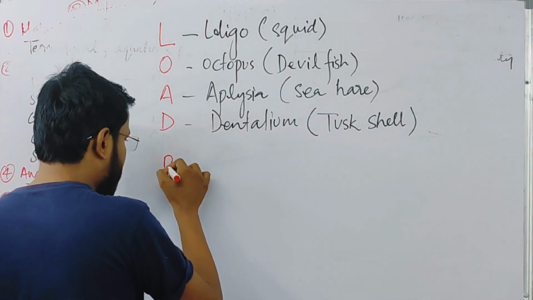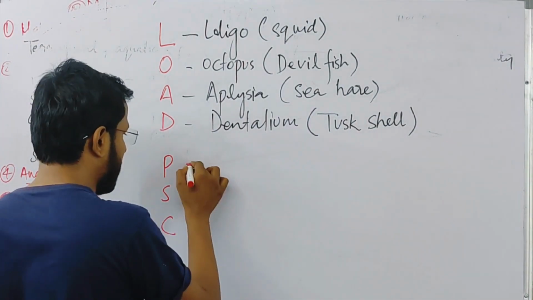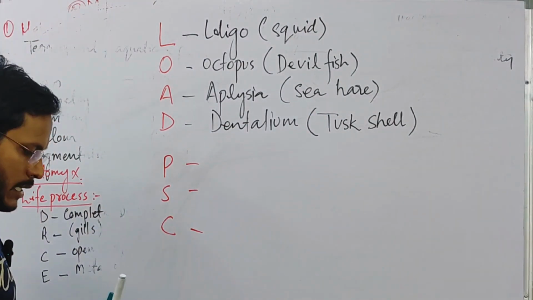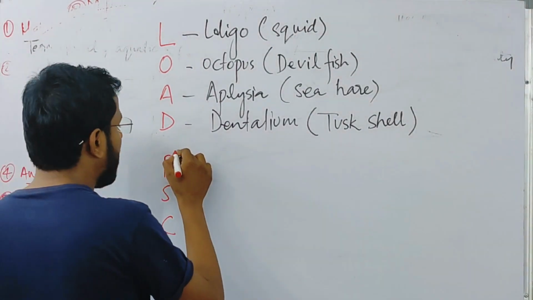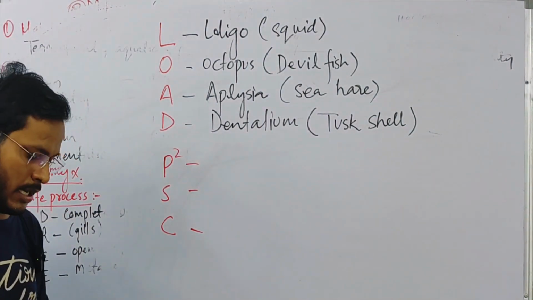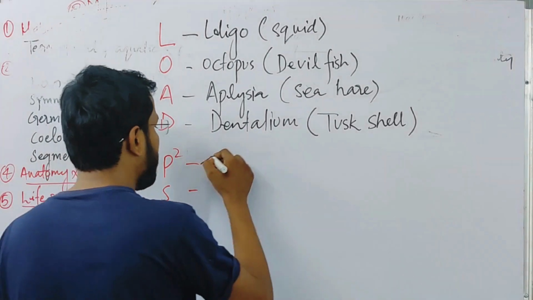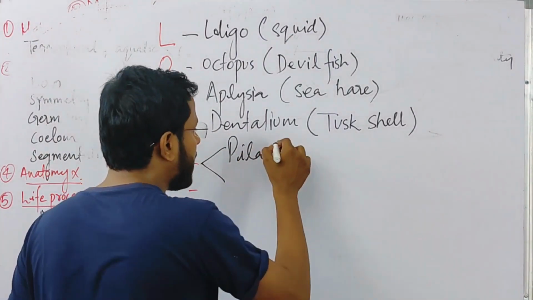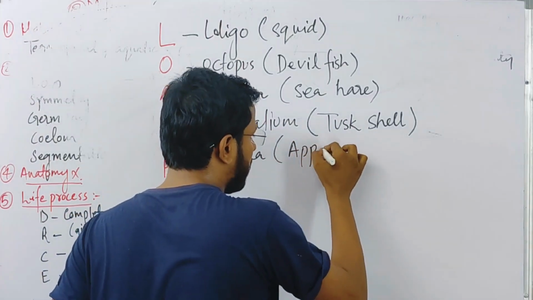So we can say that it is PSC. So LOAD of PSC. Here we can assume P square C means two times P. P for Pila, and Pila is also known as apple snail.